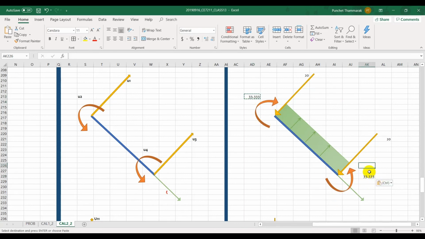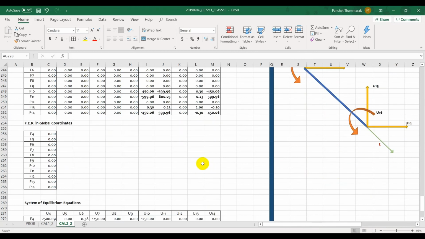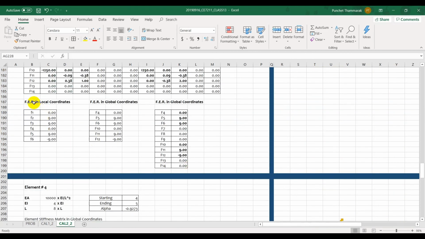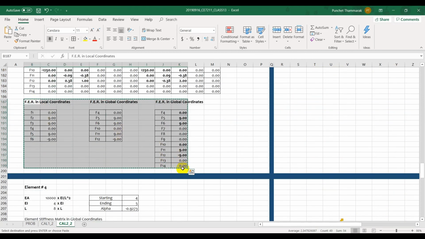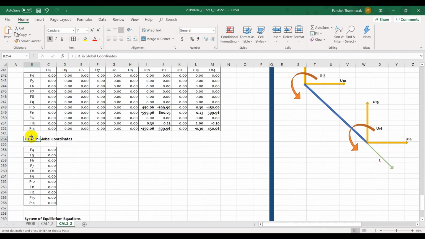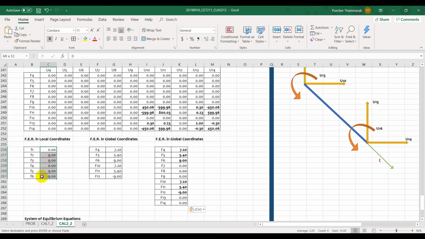We will address the sign in the vector. So this is DOF2, DOF3, DOF5, DOF6. 1 and 4 are 0. Okay, number 2 is minus 20. Number 5 is minus 20.